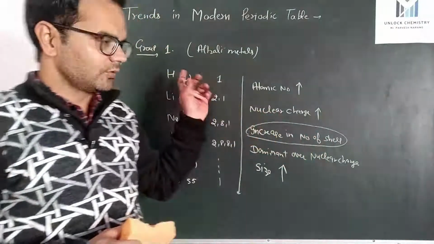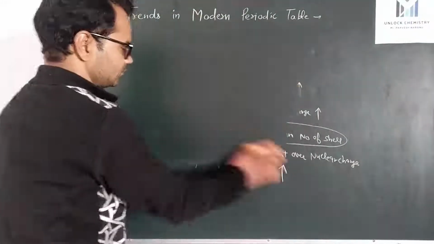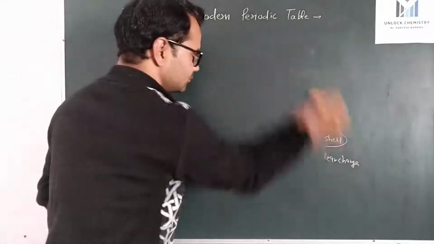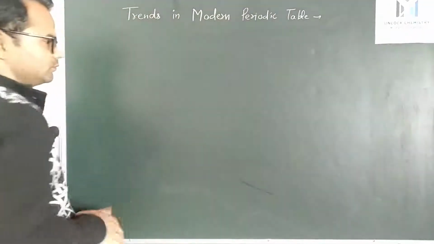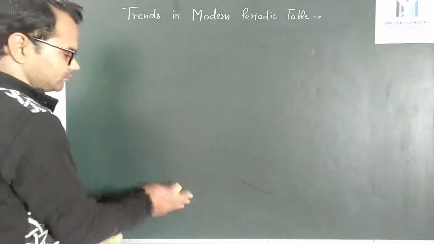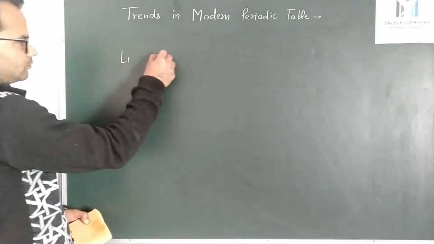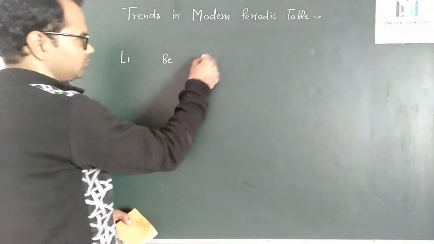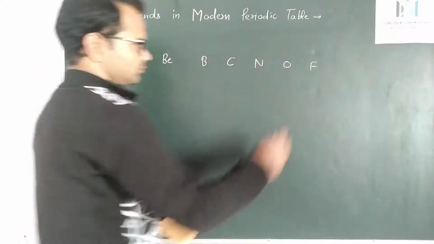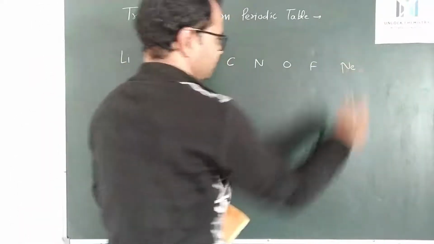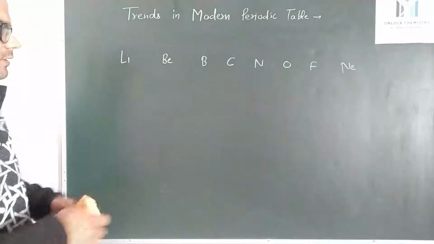Now let's move to period. For example, we have the elements of period number 2. This is second period.